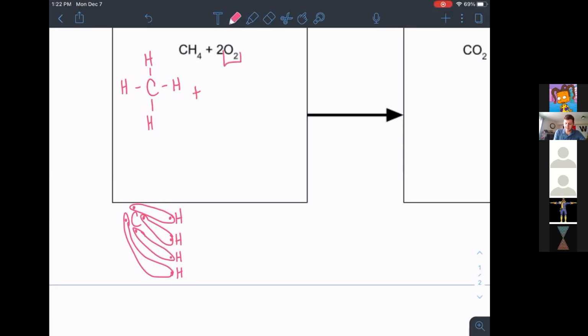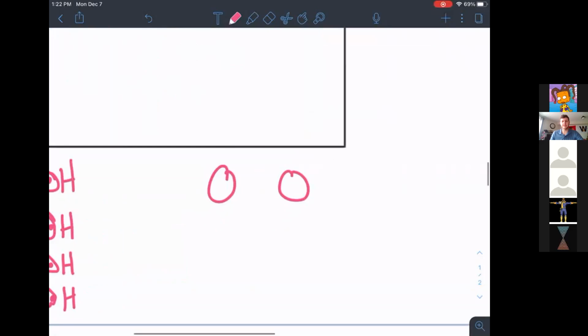Plus our oxygen, so O2. So I have 2 oxygens. How many valence electrons does each oxygen have? 6, perfect. So 1, 2, 3, 4, 5, 6. All right. So how many bonds does each oxygen need to form? 2 bonds.